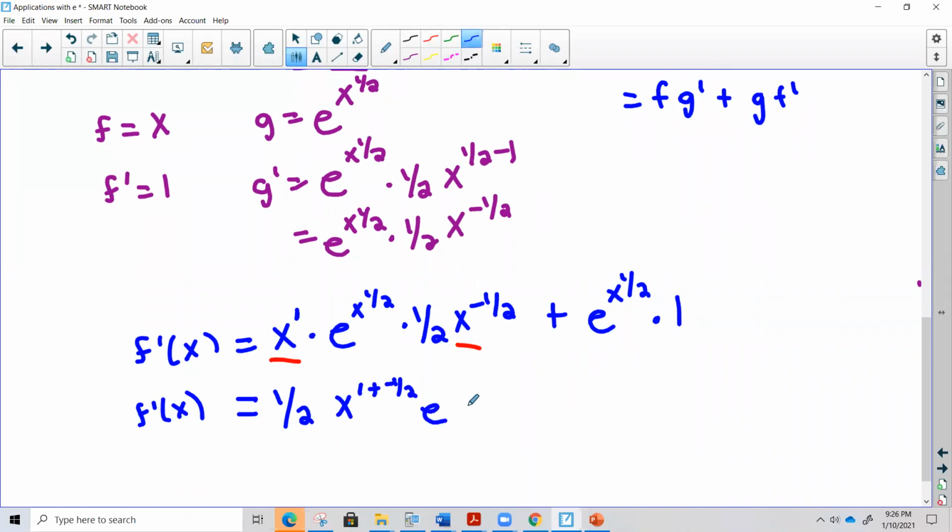And then I have e to the x to the 1/2. So if I simplify that, 1 plus negative 1/2 is a positive 1/2. So it becomes x to the positive 1/2. And then I have e to the x to the 1/2 times 1, which is just e to the x to the 1/2.